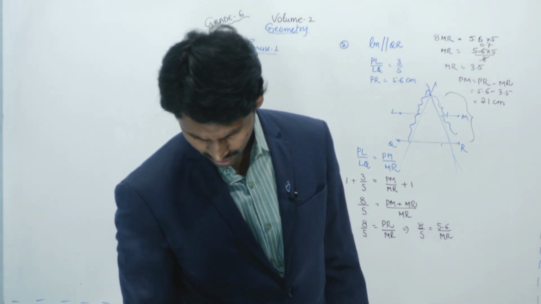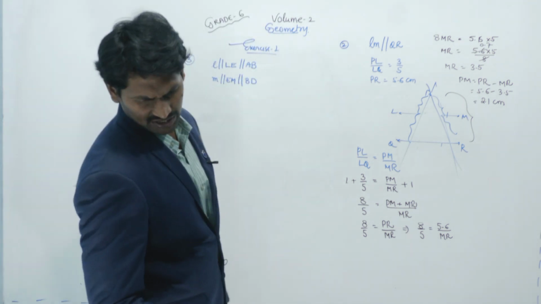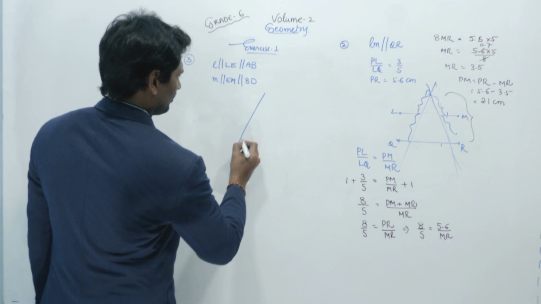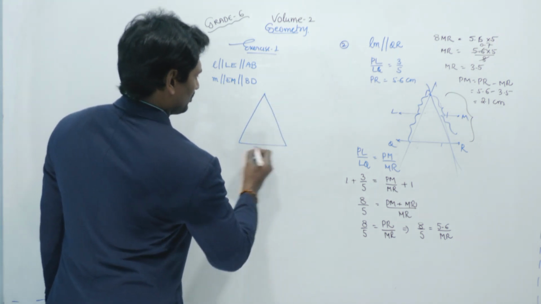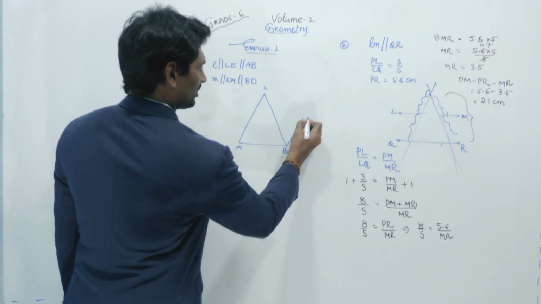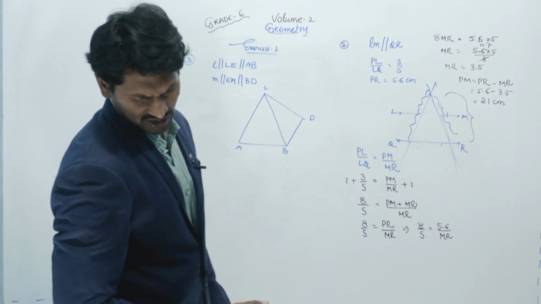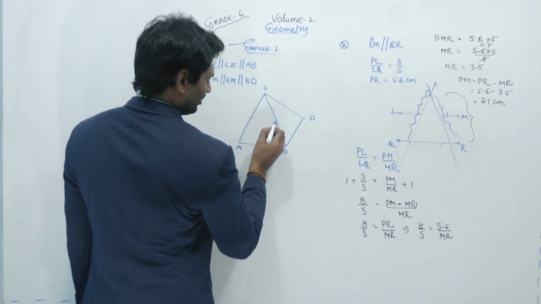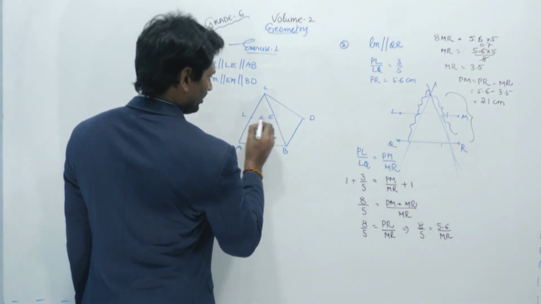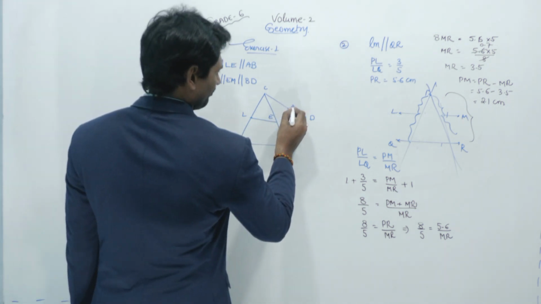There is a diagram given with A, B, C, D. So the triangle ABC is there and here D will be there. Here L and E will be, and also E to M, here M will be there.